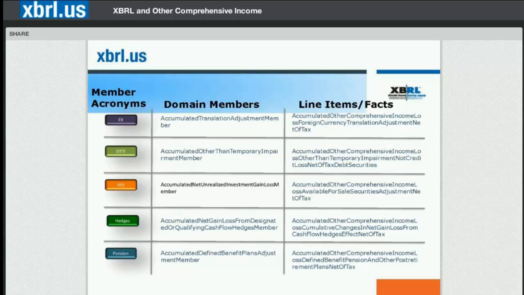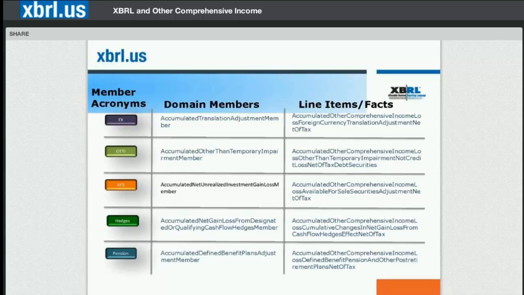Here you can see the respective domain members and associated line item elements in the taxonomy for each component of AOCI. The domain members on the equity component axis are applied to facts when changes in AOCI by component are disclosed in a note or in a statement.